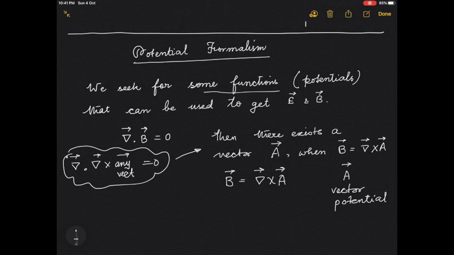But you see, curl of A is known, but divergence of A is not known, it's not specified yet. So the vector potential is not fixed yet.